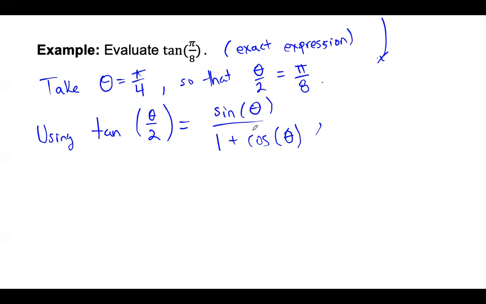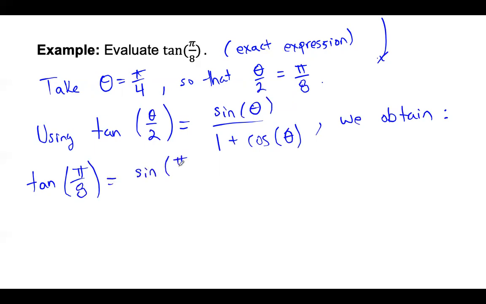So we obtain this: tan of pi divided by 8 is equal to sine of pi divided by 4 divided by 1 plus cos of pi divided by 4.